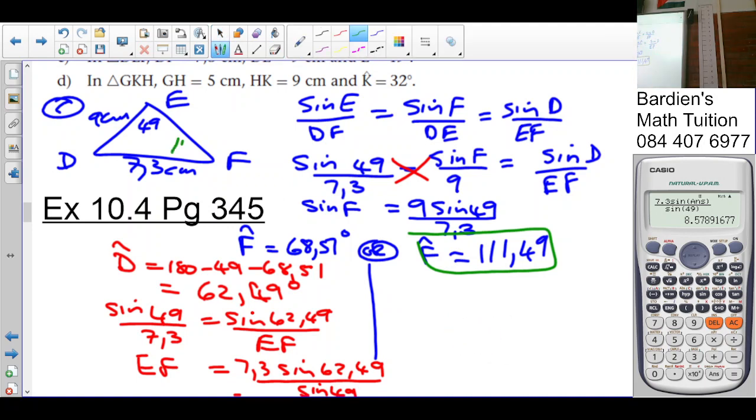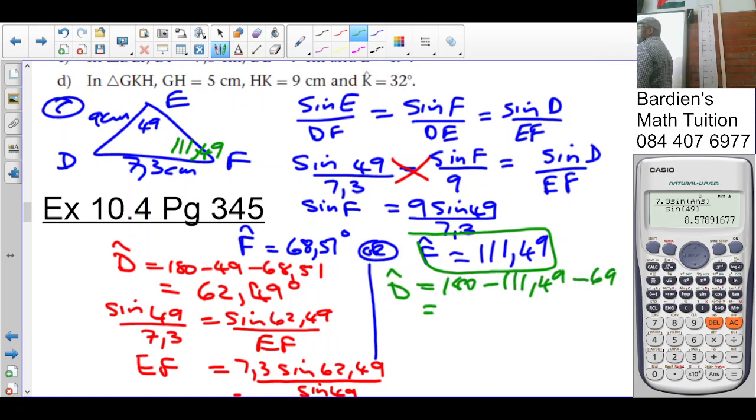That is now 111.49. So how do I get angle D now? Again, same story: 180 minus 111.49 minus 49. And that was the answer I got earlier on, which was? 19.51. Is that correct?